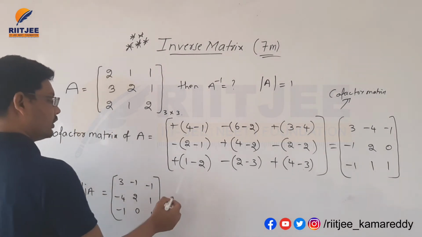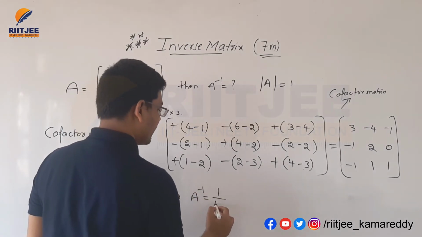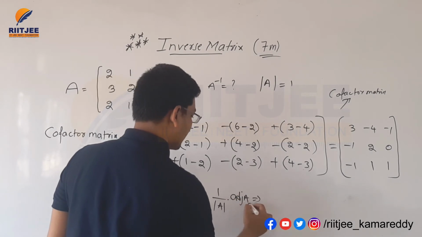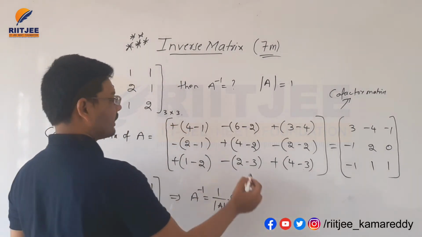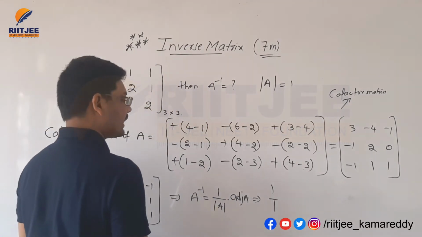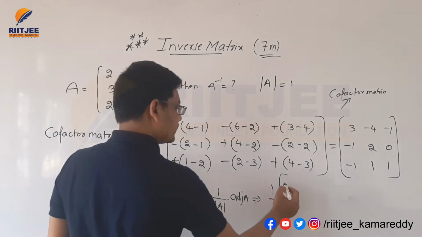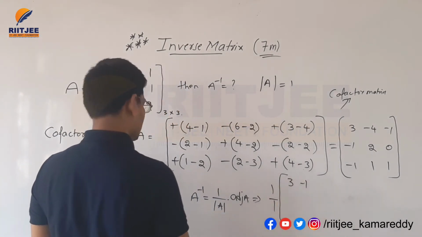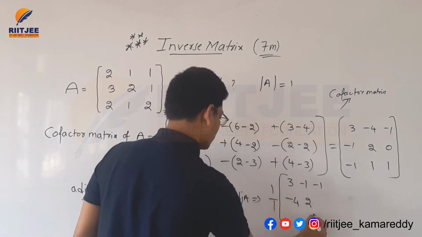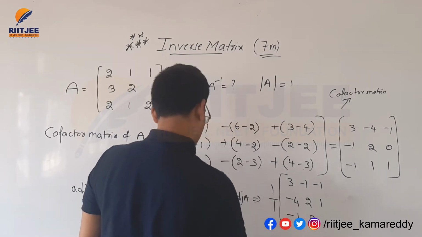Next we should find A inverse here. A inverse is nothing but 1 by mod A into adjoint A. Mod A is nothing but 1, that value is 1. Next adjoint A. Adjoint A is nothing but the adjoint matrix, here we got 3 minus 1 minus 1, minus 4 2 1, minus 1 0 1.